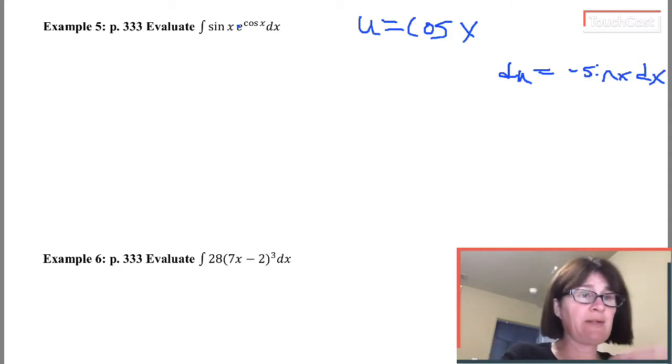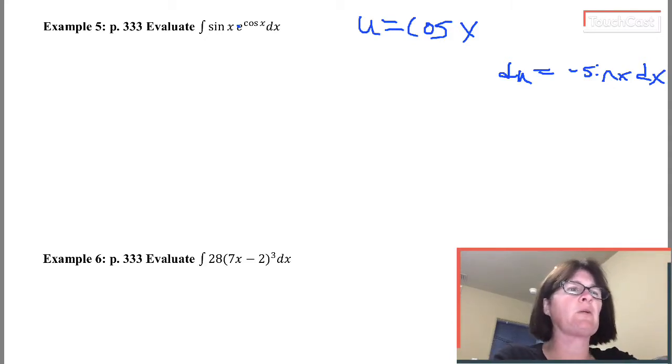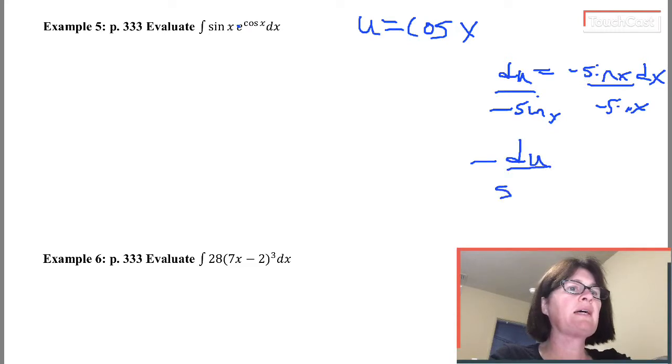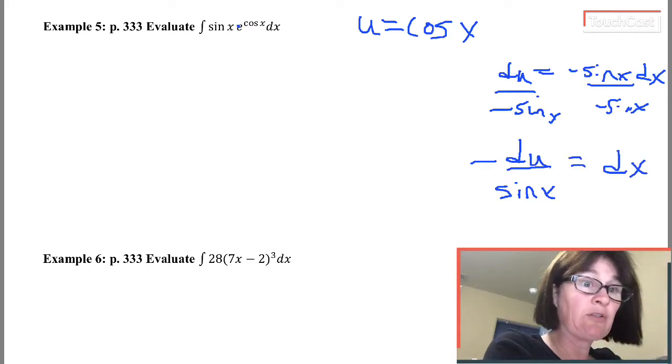At this point, there's two ways to go. I'm going to show you a way that's always going to work. I'll show you a little shortcut later in case you like it. So I'm going to imagine dividing both sides by negative sine of x, and I'm going to get negative du over sine of x equals dx.